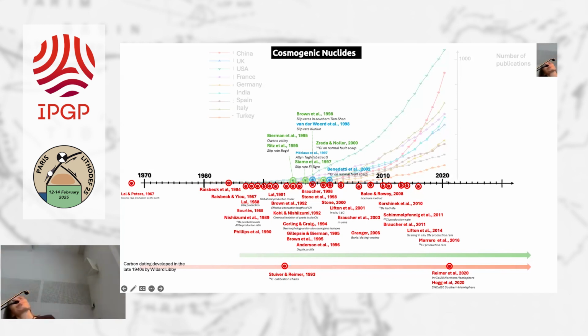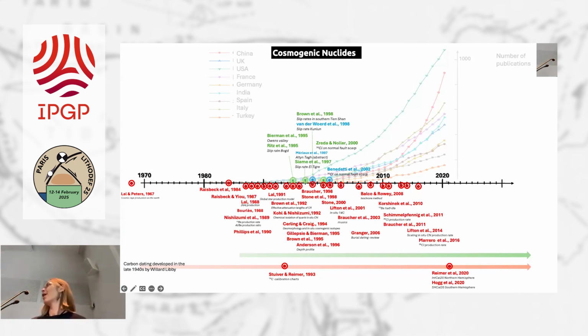And three years later, Jérôme published the first paper using cosmogenic dating along the Kunlun fault. You can see that at the beginning, you have only a few papers, and really quickly, the number of publications just increased. So it's really difficult to put on this slide all the publications. I'm sorry if I'm forgetting somebody.